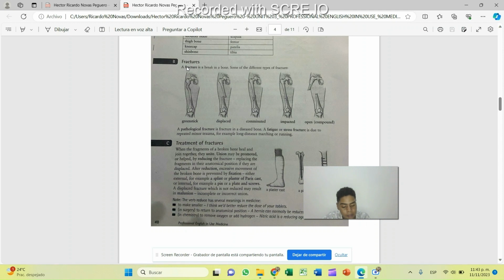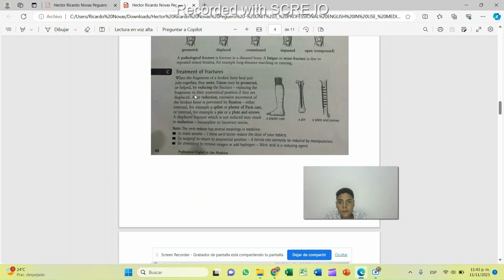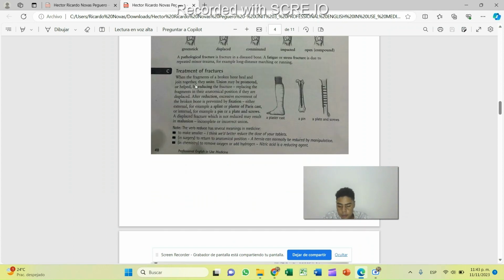A fatigue or stress fracture is due to repeated minor trauma, for example, long distance marching or running.